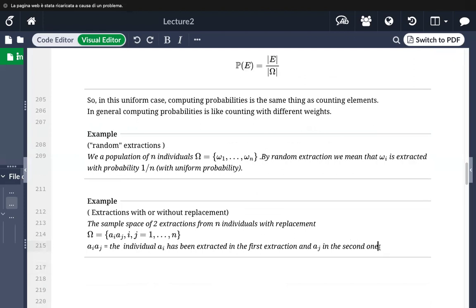And here, since we don't have any preference, it is to be expected. We don't want to have preferences on the pairs, so we expect to put here the uniform probability.